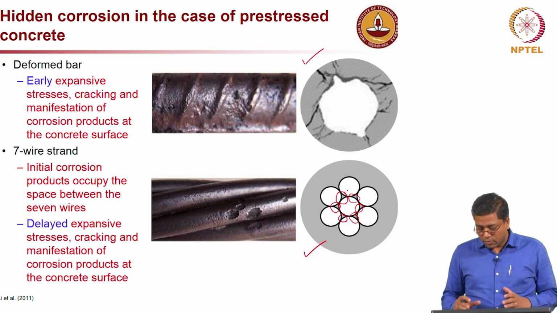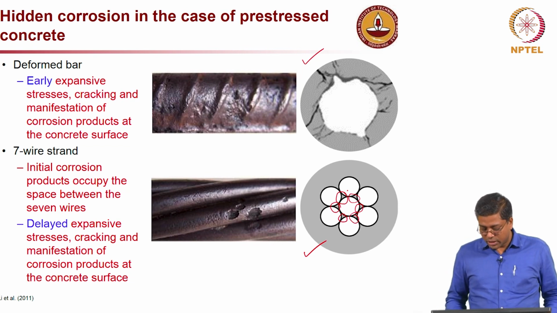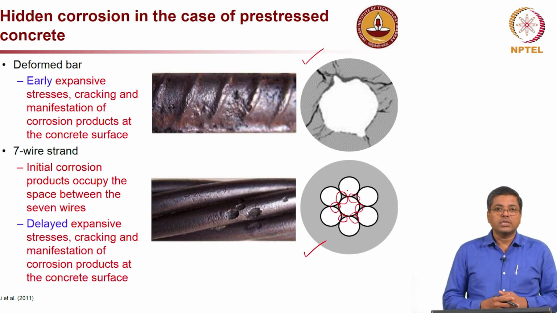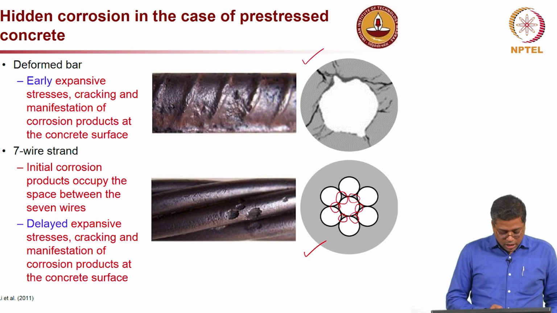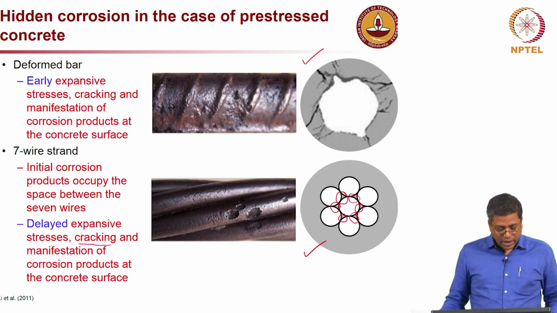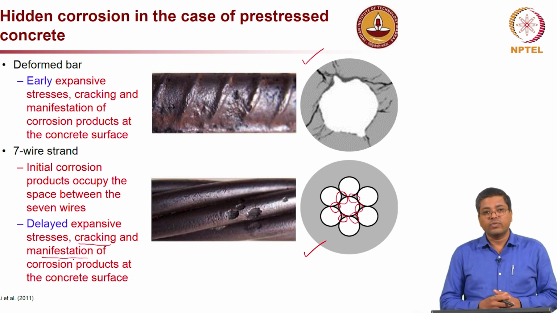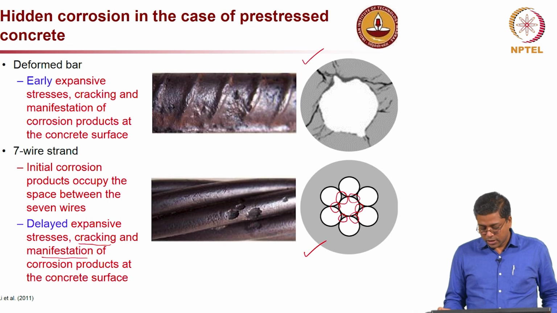So, there could be a significant delay in the generation of expansive stresses and the corresponding cracking and manifestation of corrosion product at the concrete surface in a pre-stressed concrete system.